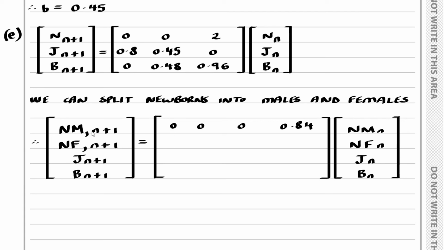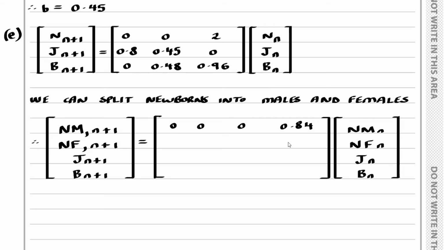So if I expand my first equation, newborn males n plus 1 is equal to 0 n males plus 0 n females plus 0 jn plus 0.84 bn. Whereas before we had, in general, newborns n plus 1 equals 0n plus 0jn plus 2bn.